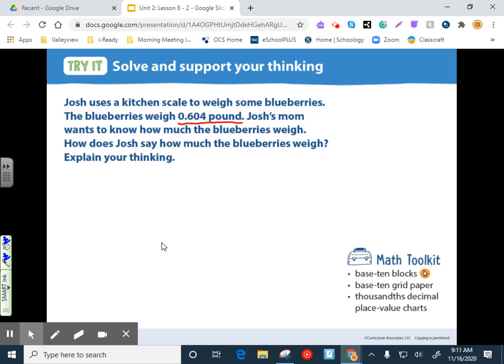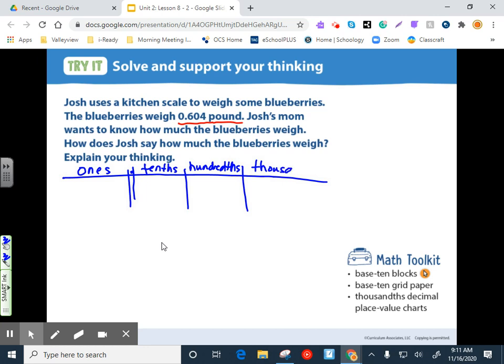Well, first way to do that is let's make a quick place value chart. And again, I'm encouraging you guys to do this a little more often as a way to, it just takes a second. Put your decimal in this little mini column here. So you've got our ones, tenths, hundredths, and the thousandths right here.